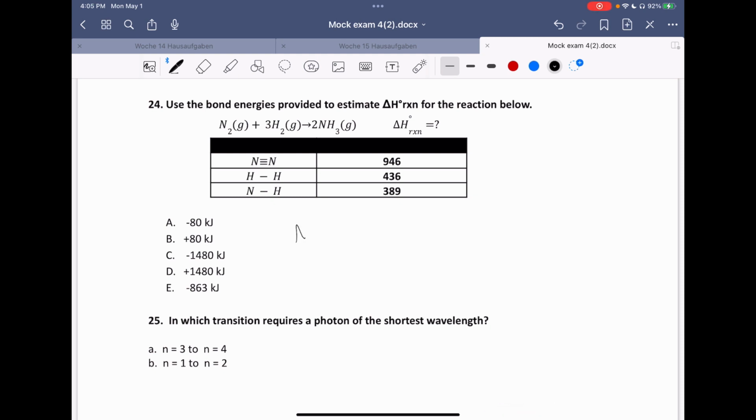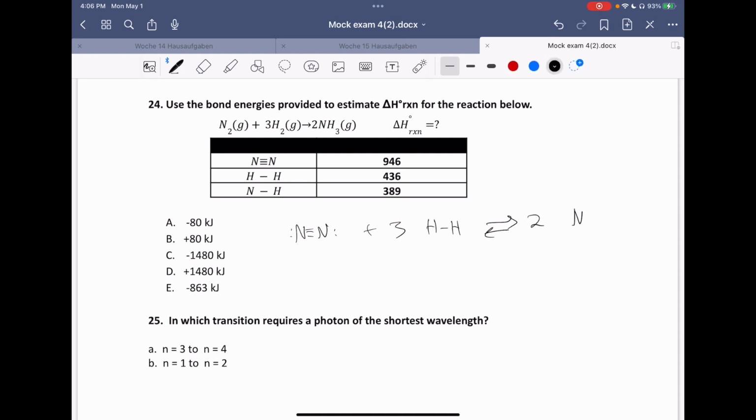So N2 has a triple bond between the 2 nitrogens, plus 3 times H2, which is a single bond between each pair of hydrogens, and that creates 2 moles of NH3, and we've done this one a lot of times.